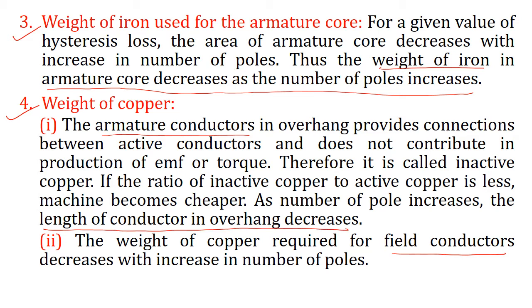That is the reason why the weight of copper used in armature conductors decreases if you increase the number of poles. Similarly, the weight of copper required for field conductors decreases with increase in number of poles.